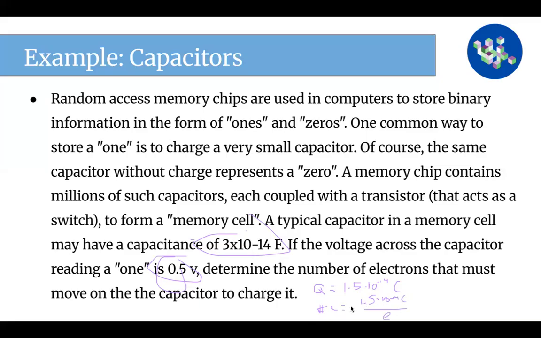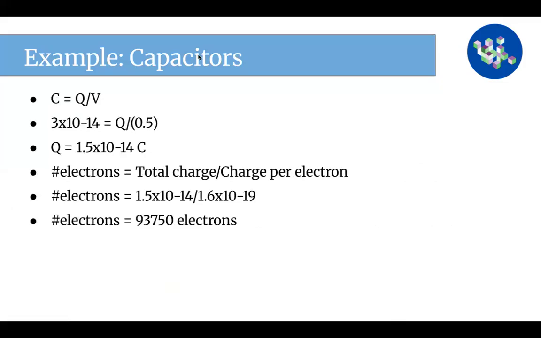So, pretty standard application of the Q equals CV formula. Dividing the charge by the charge of an electron, you're getting 93,750 electrons. So let's go on to the next slide.